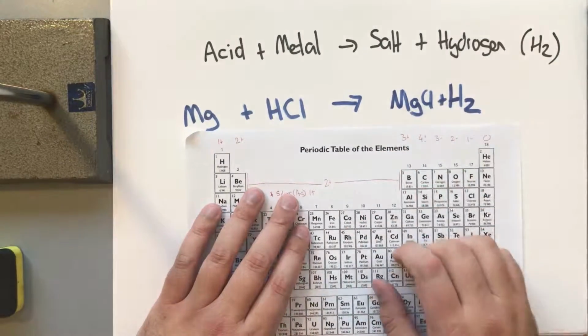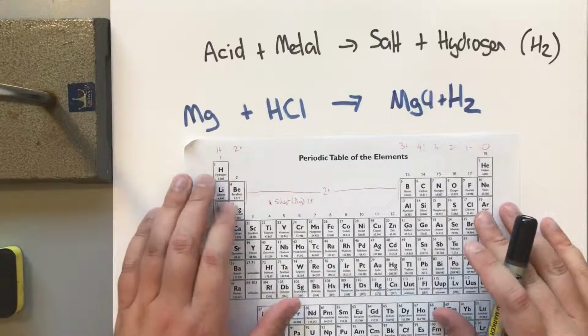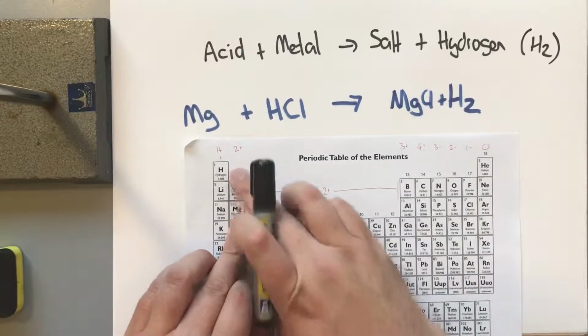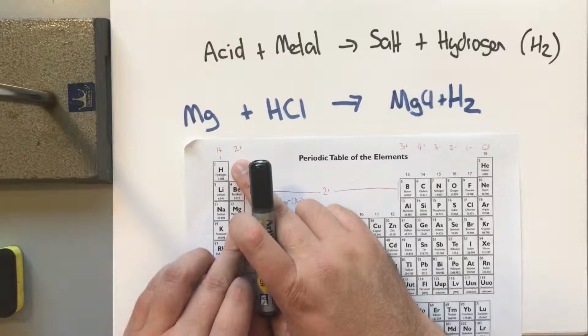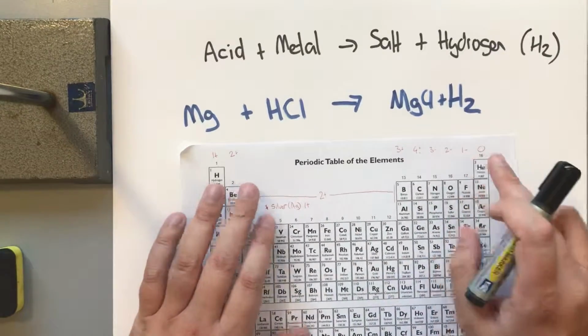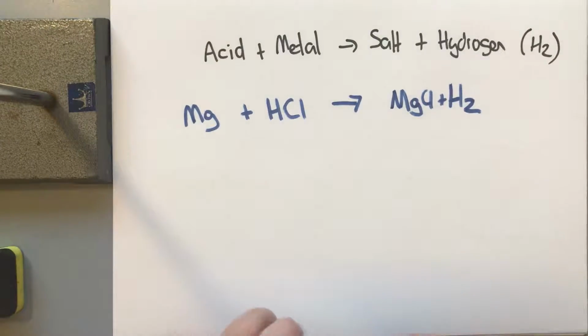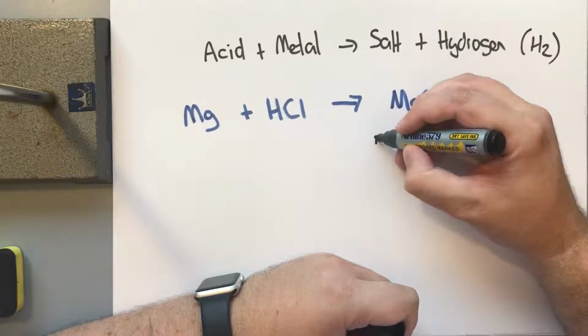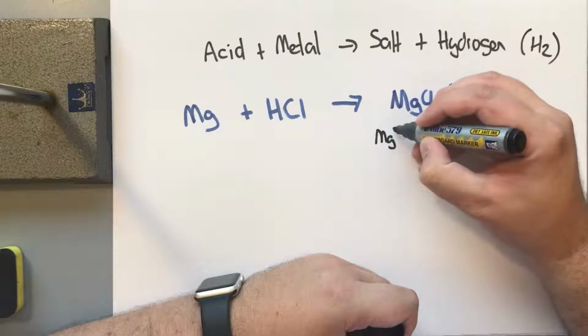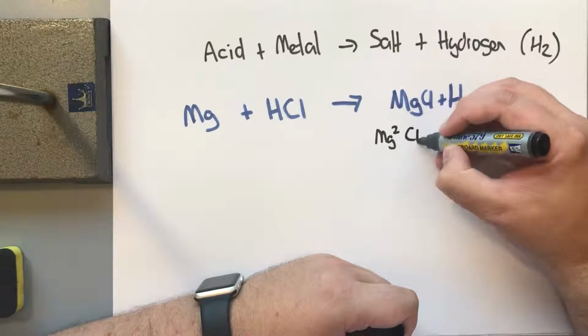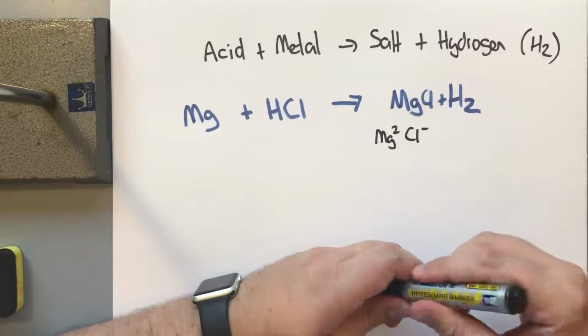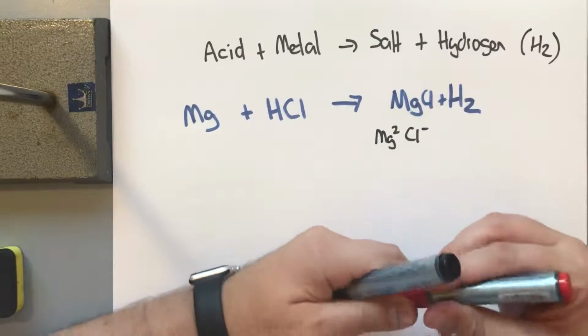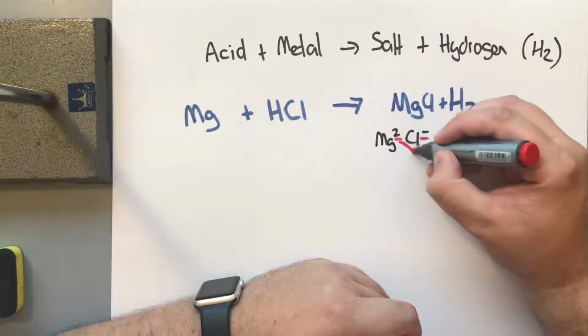All right, now, when we look here, we need to make sure that this is all balanced first. So we have magnesium here, valency of 2, and chlorine has a valency of 1. So magnesium has a valency of 2, chlorine has a -1. Let's do our swap and drop.